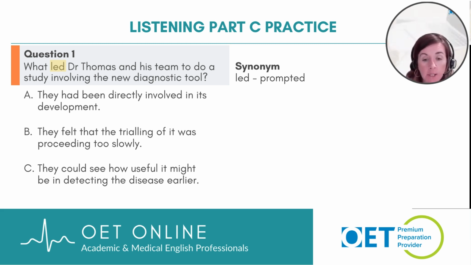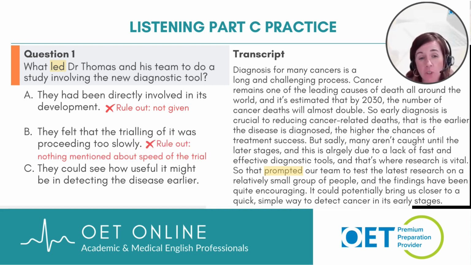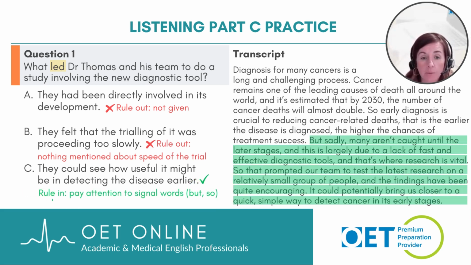Okay, well done. Okay, so here was the transcript. Always very important to read the transcript after you do any test. A, correctly, no one gave that. B, there was actually nothing mentioned about the speed of the trial. Nothing mentioned there, hence why there's nothing underlined. And here you can see in the second line, here is the part that really confirmed it.